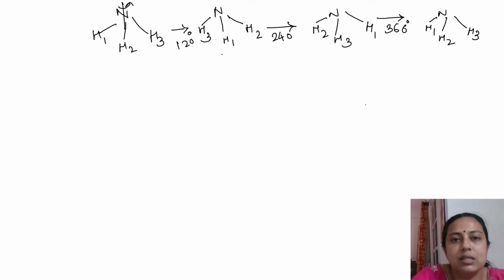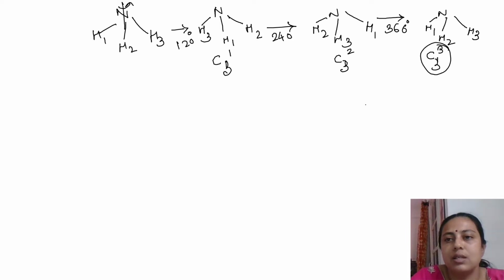So this is C31, this is C32, and this is C33, while C33 is nothing but the identity element. This is the way a molecule may possess any symmetry axis, which is named a Cn axis.